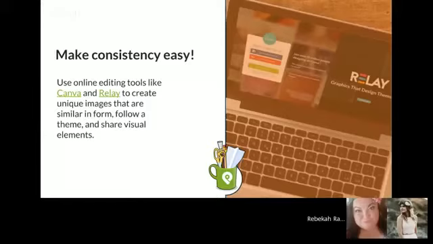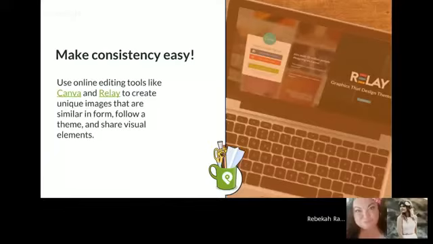And then you want to make consistency easy. I'm going to talk a little bit about some tools, but 2 of our absolute favorite tools are Canva and Relay, and both of them allow you to hop in, create those templates, batch those out so you can do quite a few at the same exact time, and then ensure that you're not just throwing content out there randomly that doesn't have anything to do with your brand and looks nothing like the last image that you created.